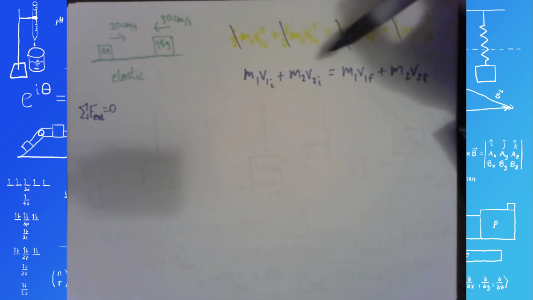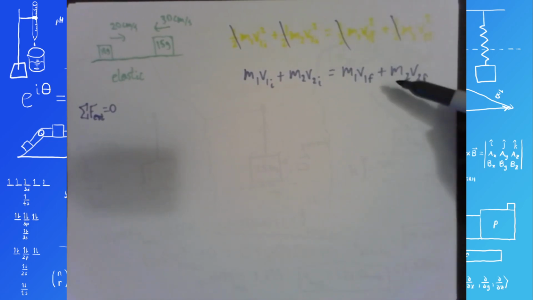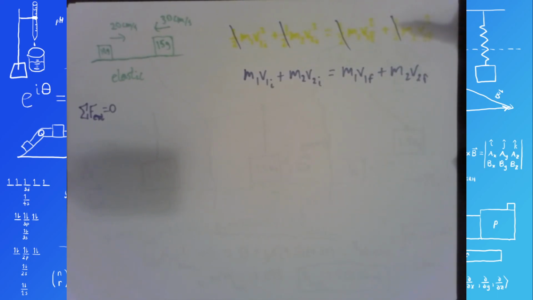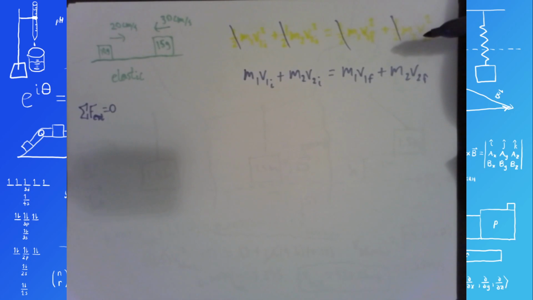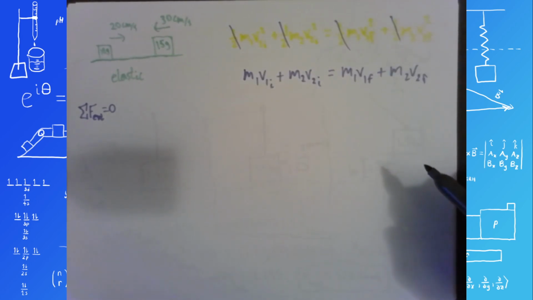You could go ahead and use these two equations together to solve for your two unknowns, v1 final and v2 final, but if you do a little bit of work here, then you can derive a much simpler equation that doesn't involve all these squares, which is great because getting a second equation that is linear instead of quadratic would reduce your chances of having to use the quadratic formula. So let's see what I can do here.